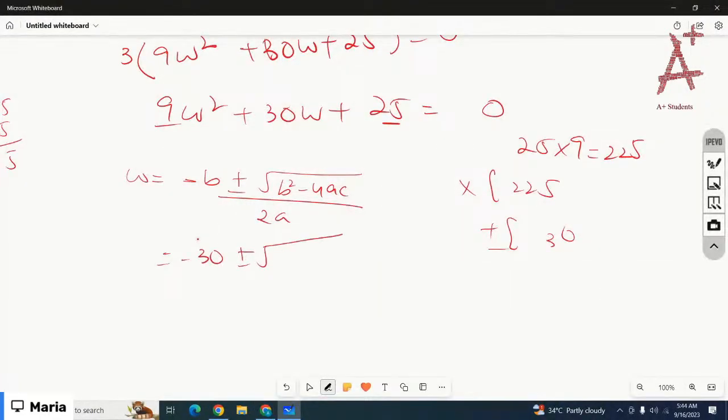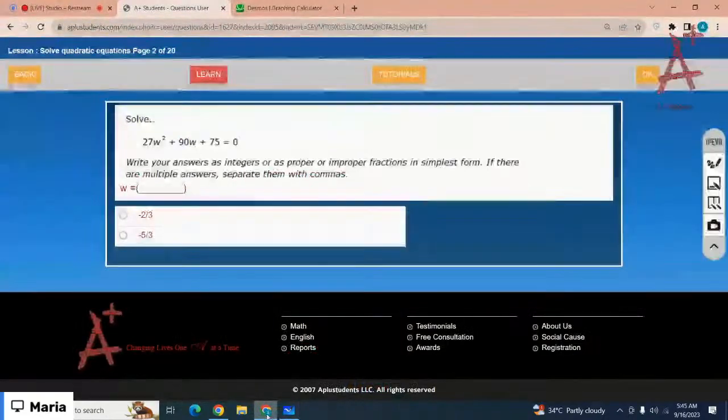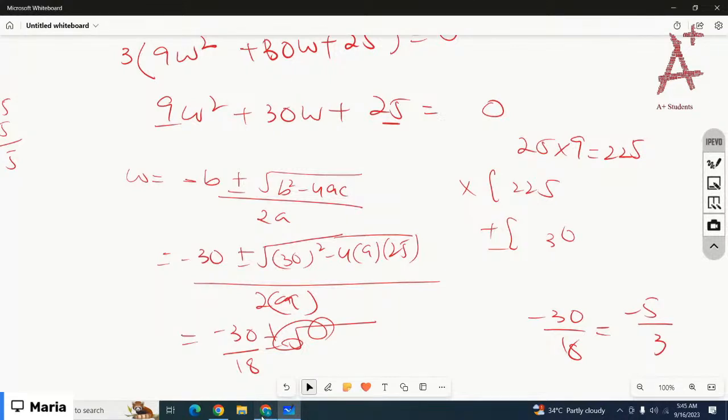Negative 30 plus or minus the square root of 30 squared minus 4 times 9 times 25, divided by 2 times 9. 30 squared is 900, and 4 times 9 times 25 is 900, so it is 0. You are left with negative 30 over 18, which is negative 5 over 3. The correct option is negative 5 over 3, right?